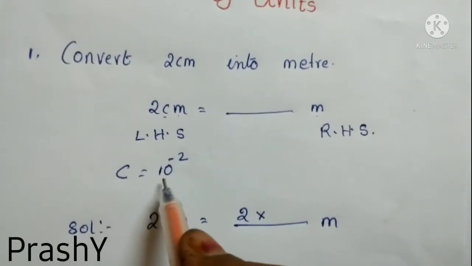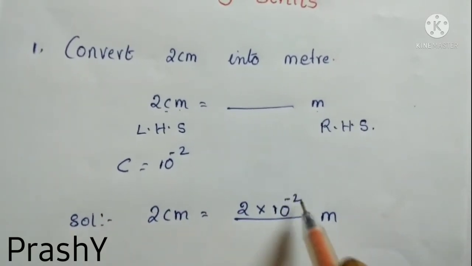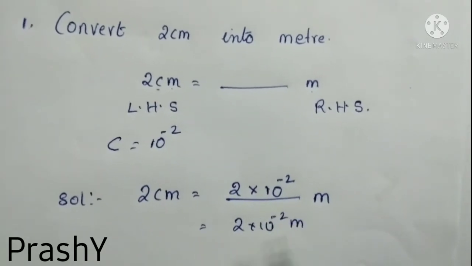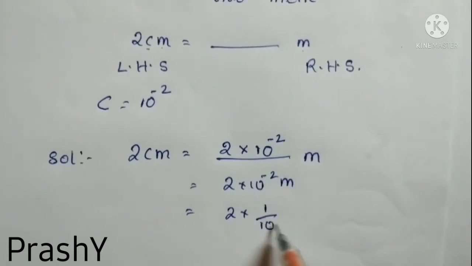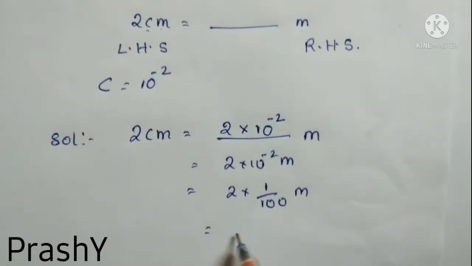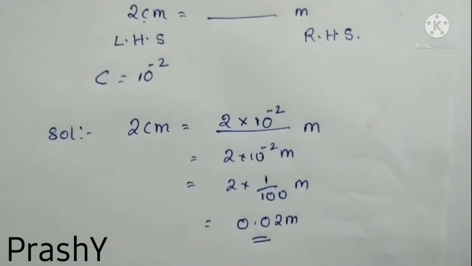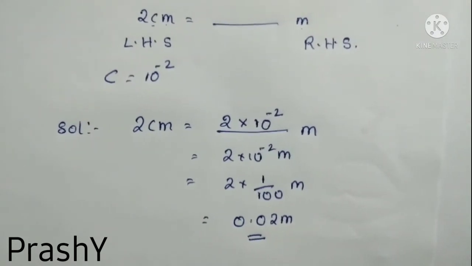Since it is in left hand side, take the value as it is. So 10 power minus 2. So the value is 2 into 10 power minus 2 meters. That is equal to 2 into 10 power minus 2, which means 1 by 100 meters, that is equal to 0.02 meters. This is our solution. Now, let us move to the next sum.